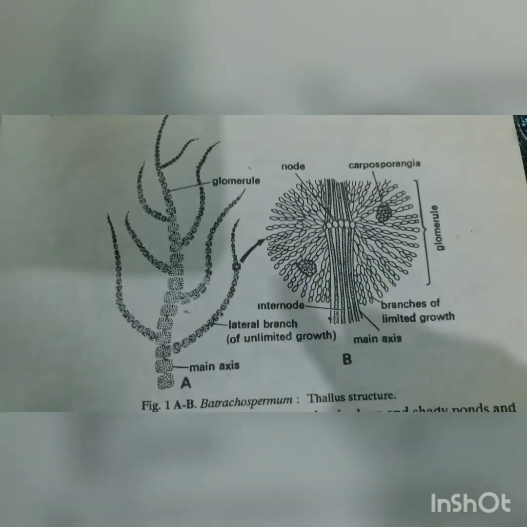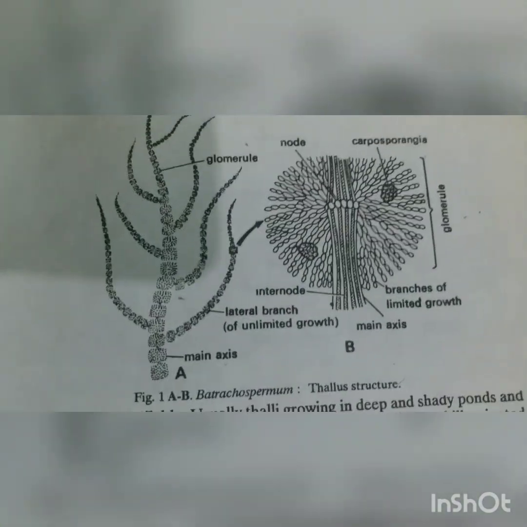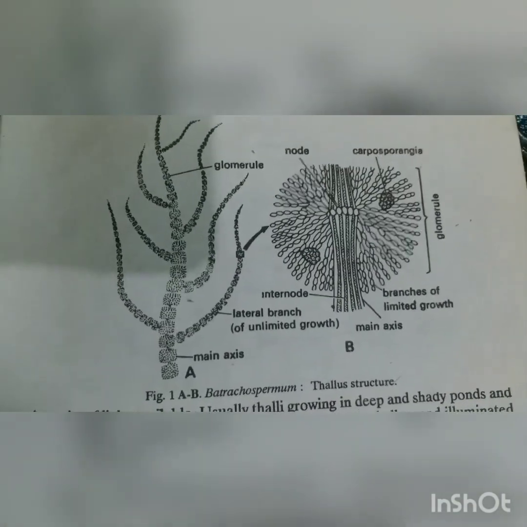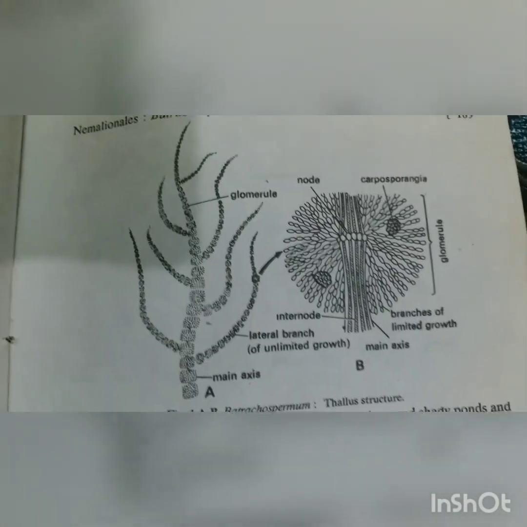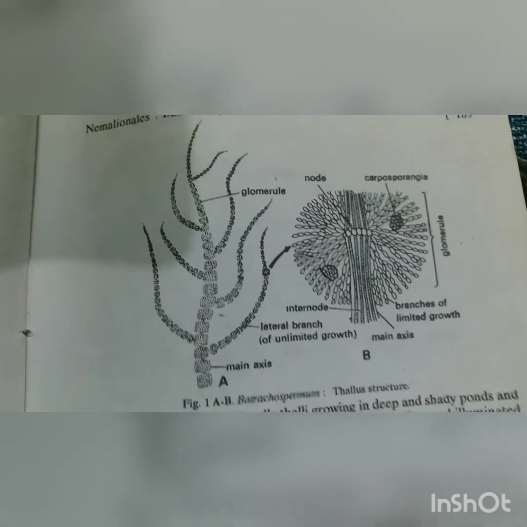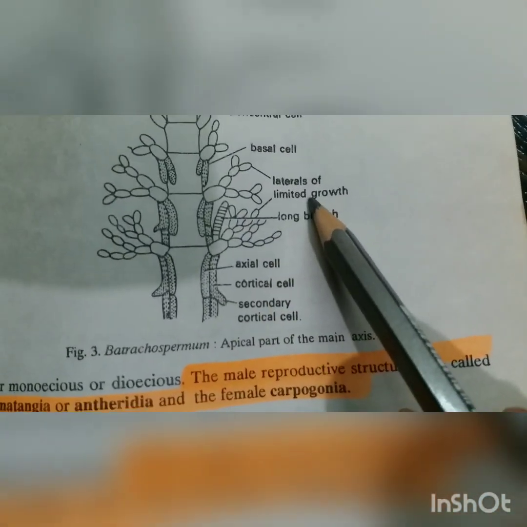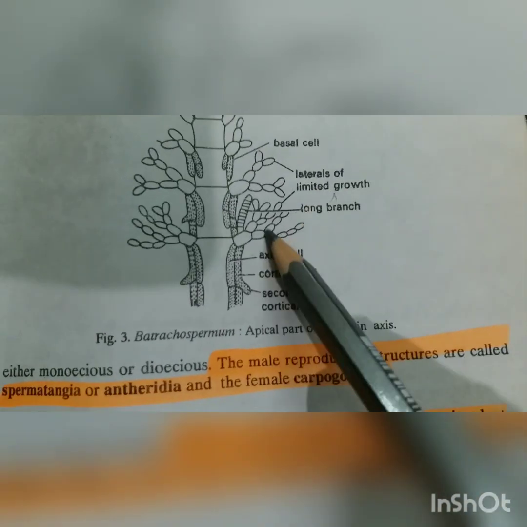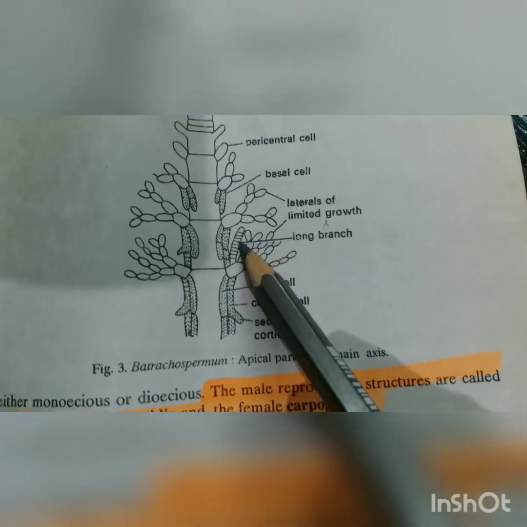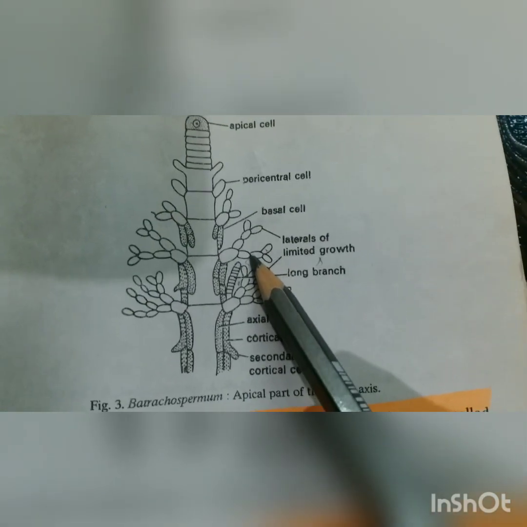So I will explain it like this here. See, this is basically giving the prostrate and erect. Prostrate helps in anchoring, whereas erect is further divided. When we see the erect, you will see here the laterals of limited growth, and these are the long branches of unlimited growth with apical cell upward, right?